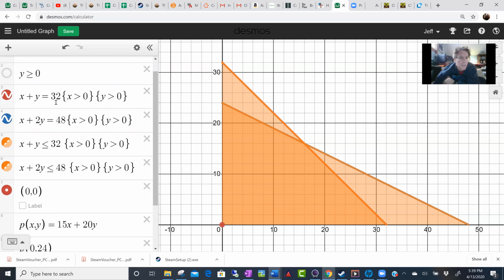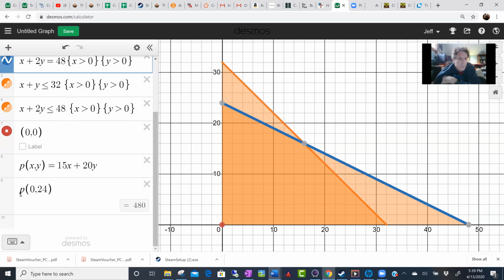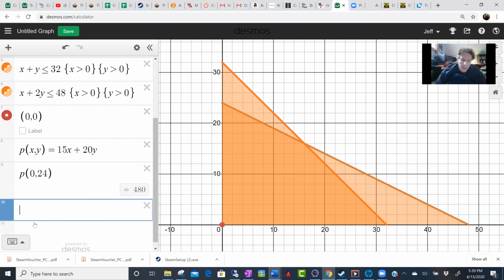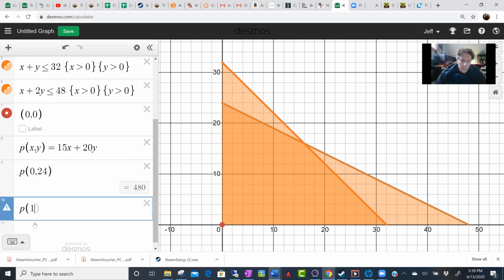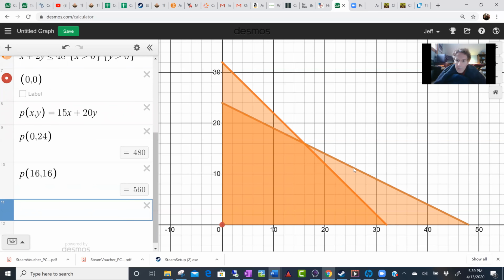Usually speaking, you would have to solve a small system of equations. These two equations, let me just highlight them here. These two equations, figure out where these 2 lines intersect, but Desmos does that for us, so that's pretty sweet. So let's take a look at the objective function at P of 16 and 16. We get 560.